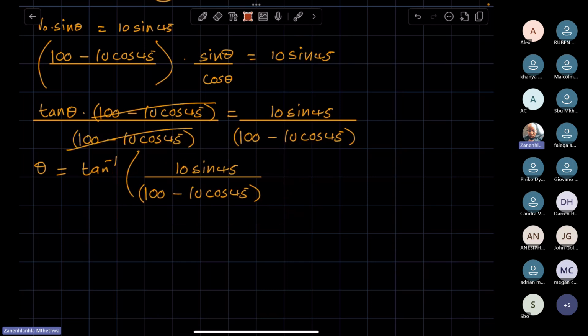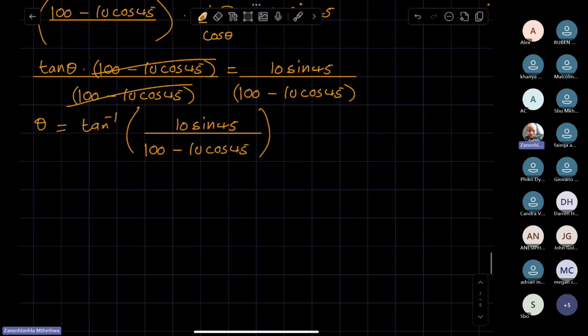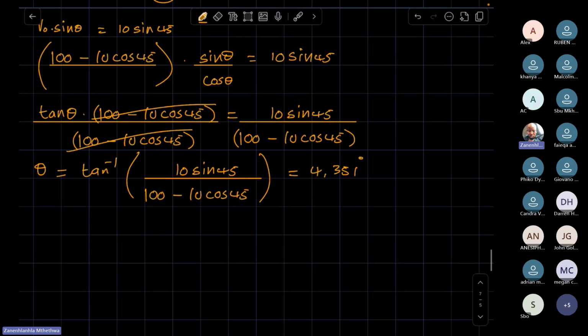And see what you get here. What is theta equal to? The theta that you should get should be the same as the one we got when we took the vector diagram approach. What do you get here? Get the same, so it's 4.351 degrees.